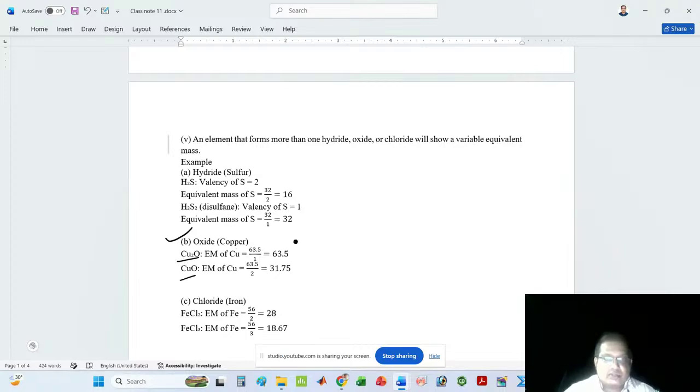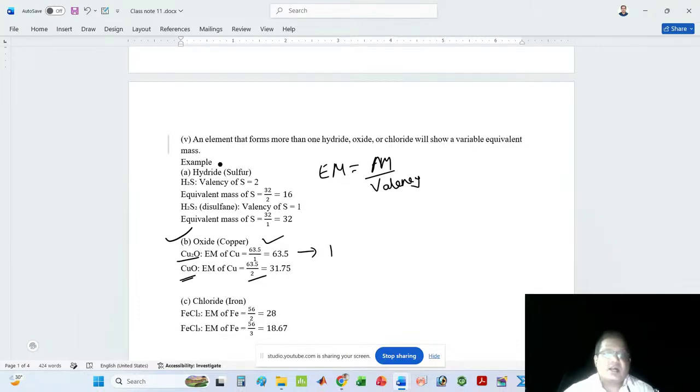In case of Cu2O, the valence is 1. In case of CuO, the valence is 2. By using the formula, equivalent mass is equal to atomic mass divided by valency. Here the valence is different, but the atomic mass is constant, 63.5. Since the valence is different, there is a difference in the equivalent mass. That means in copper oxides, copper has different equivalent masses. So it shows variable equivalent mass.